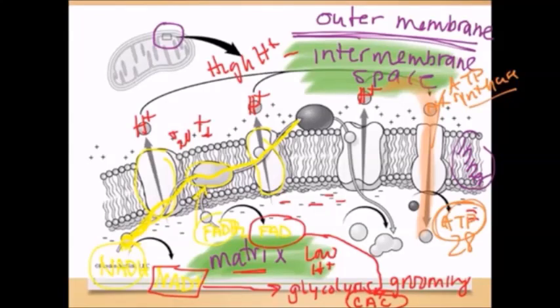The last thing that we need to identify here on our picture is where our oxygen is and where we produce our water. So we need to look at the end of our electron transport system to find that. So right here we can see our oxygen molecule, O2. And when we capture those electrons that are falling down the electron transport system, then we can make H2O, and that's what this molecule is here.